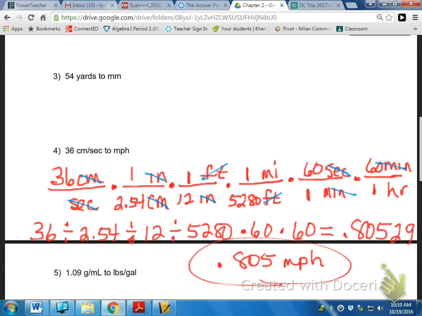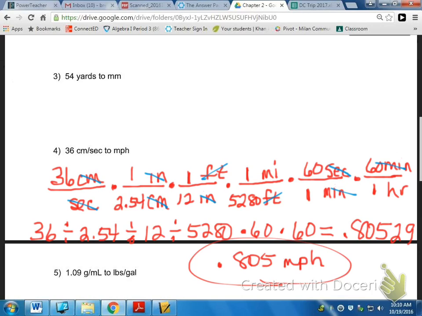Any number on top, you multiply with it. Any number on the bottom, you divide it. And you can do it in one long line. Okay? So, this is dimensional analysis. It's dimensional. You cancel things out as you go to leave the units that you want. You can do rates. You can do just from one type of unit to the next.